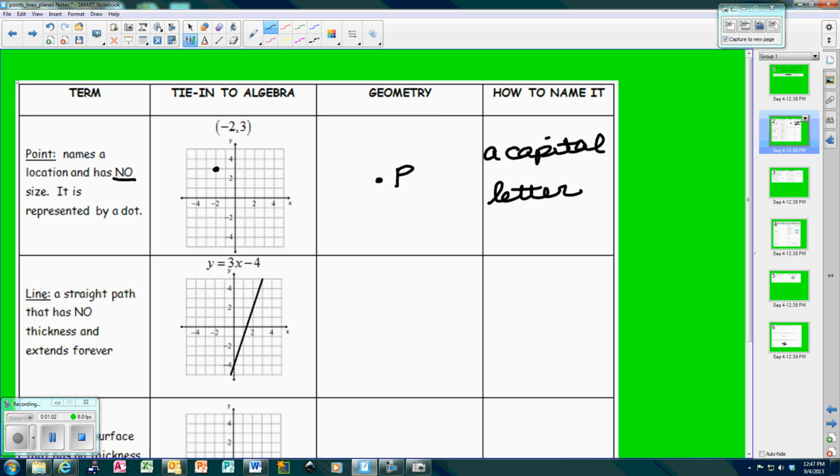A line is a straight path that has no thickness and extends forever. For example, in algebra, y equals 3x minus 4 looks like this. In geometry, a line looks like this.